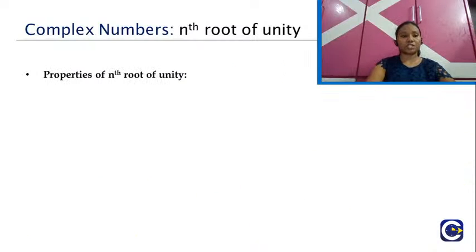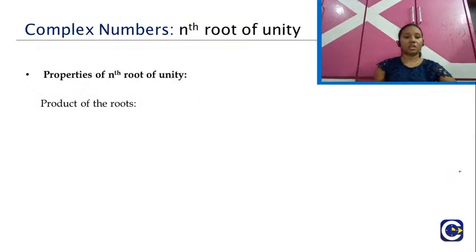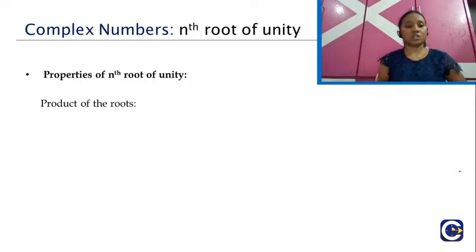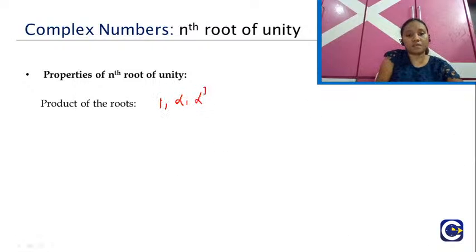So let's get into the second property of nth roots of unity. The second property is the product of the roots. So what are the roots again? 1, alpha, alpha square, until alpha power n minus 1.